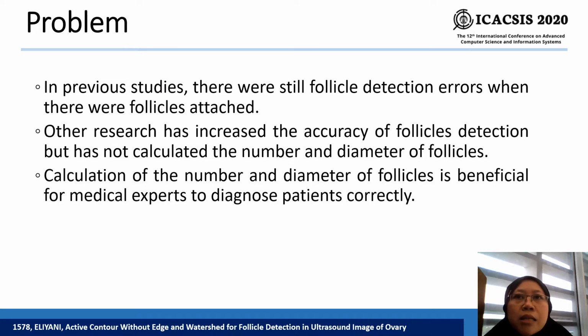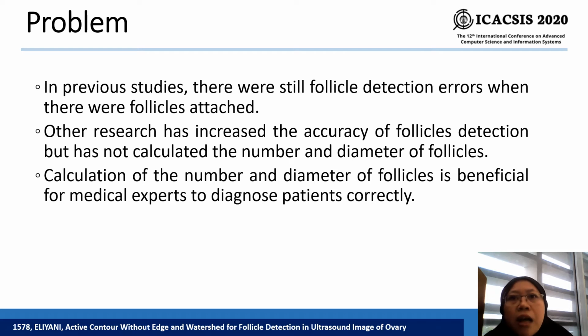Problem. Some researchers have conducted ultrasound image preprocessing to produce a segmentation of ovarian follicles with increased accuracy. There are semi-automatic and automatic segmentation, and the automatic segmentation process has been successfully carried out, even if the follicle detection accuracy is still low.